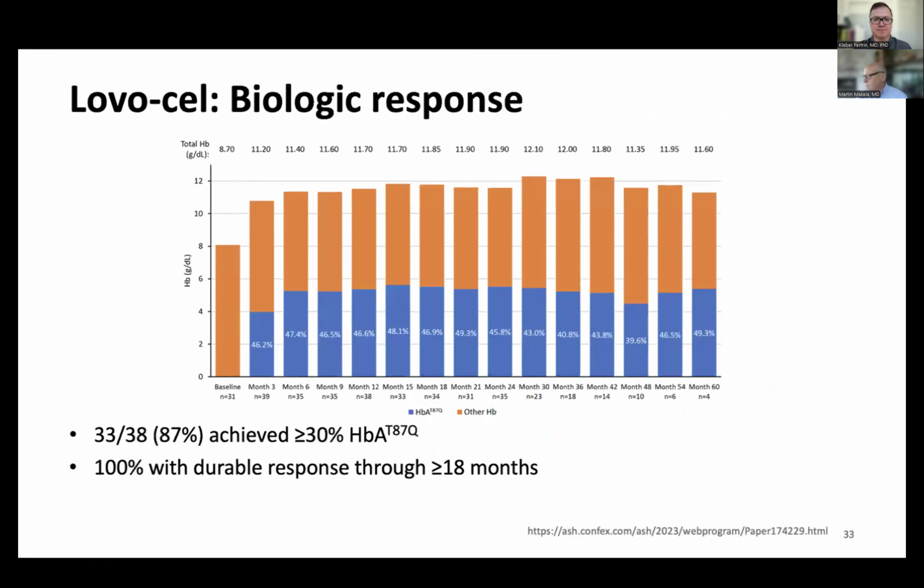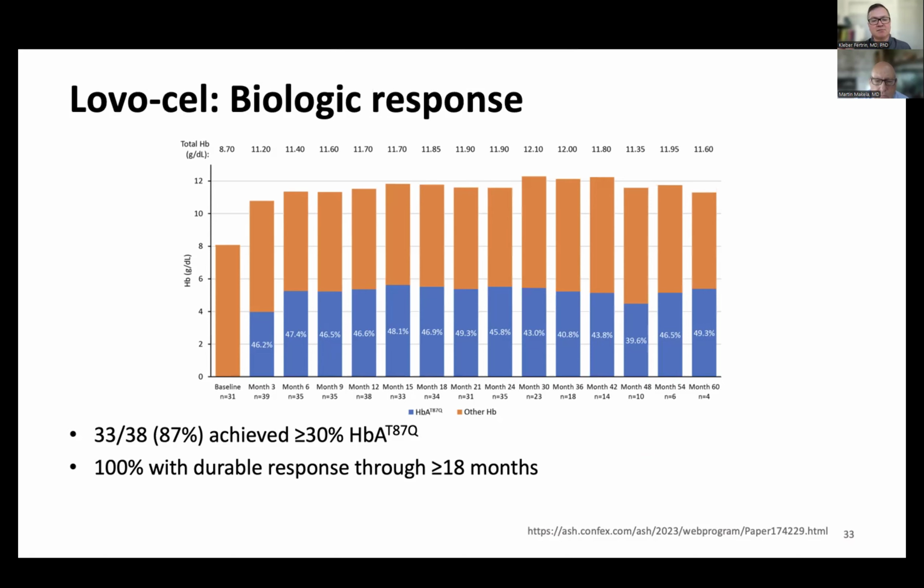This is a graph showing, in orange, how much of the hemoglobin is sickle cell or any other hemoglobin that the patient makes on their own. And then in purplish, it's the amount of what we call the transgene or the gene that was added.